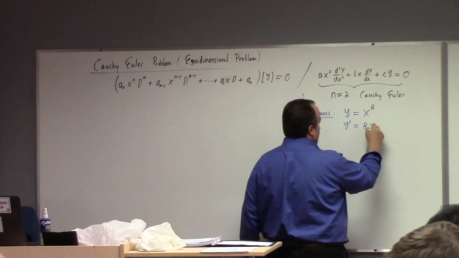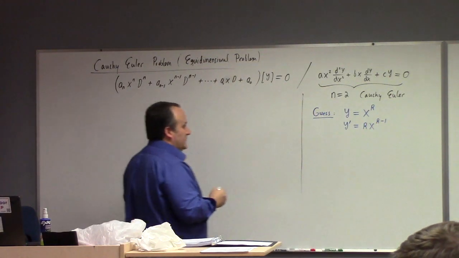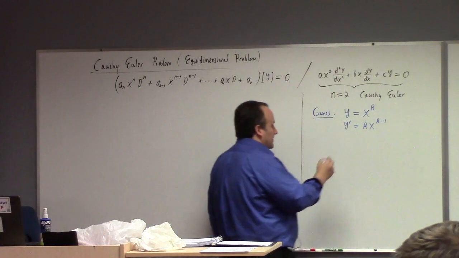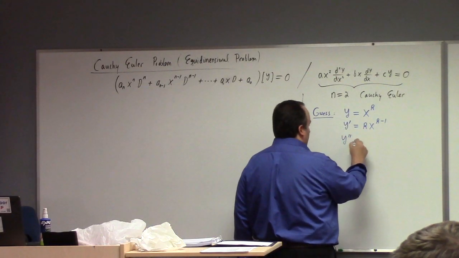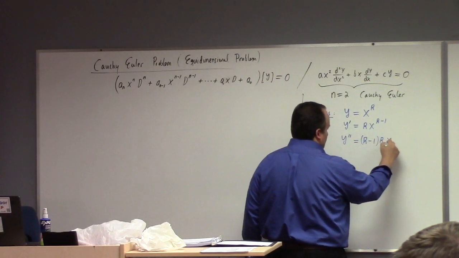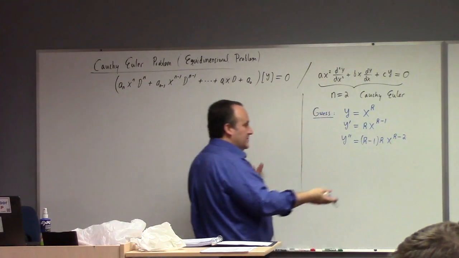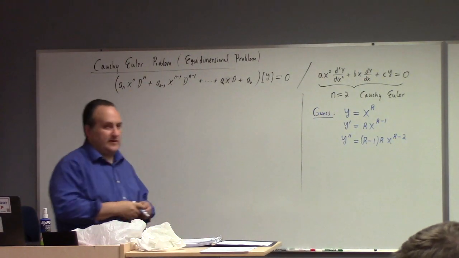You get R x to the R minus 1. What happens when you differentiate two times? You get y double prime equals R minus 1 times R times x to the power R minus 2. I'm just doing power rule. Nothing too fancy going on here.